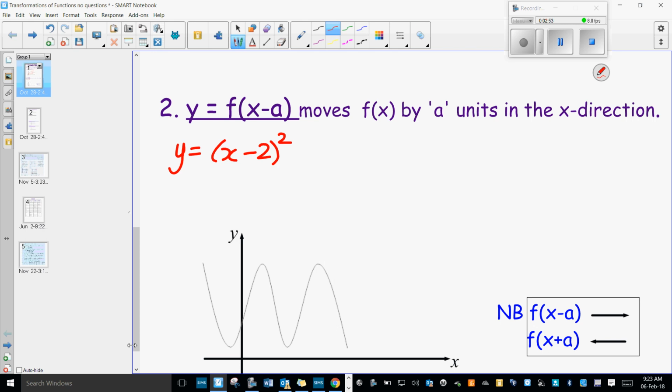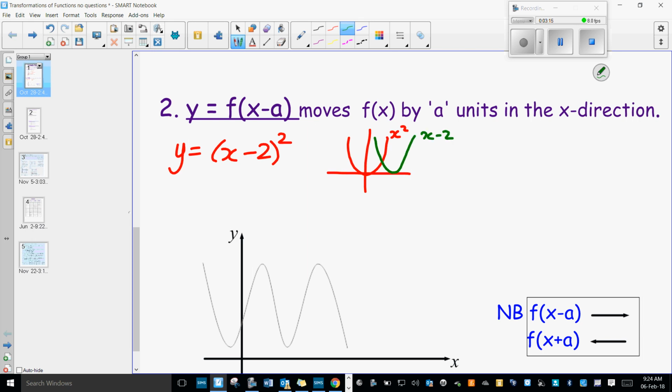Not quite, no. That's when it was a number in front of it. So if you remember, if that was my basic x squared graph, the (x minus 2) graph was exactly the same graph. It had shifted 2 units to the right.